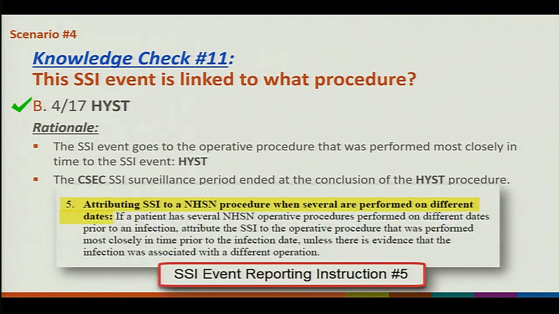This is actually SSI event reporting instruction number 5. This addresses this type of situation where you attribute an SSI to an NHSN procedure when several are performed on different dates. So we know that the HYST was performed most closely in time to the date of this SSI event. So great job. It is the HYST procedure that would receive the SSI attribution.